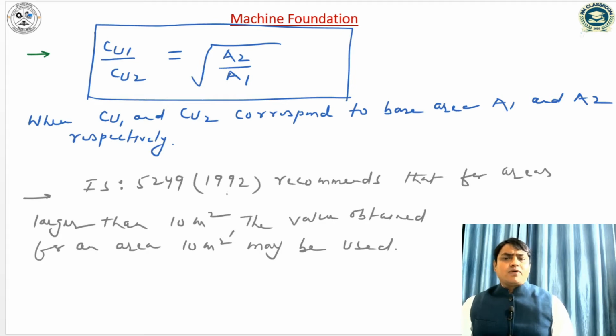IS 5249 1992 recommends that for area larger than 10 meter square, the value obtained for an area of 10 meter square may be used. So if the area is more than 10 meter square, we have to find this coefficient by this expression.